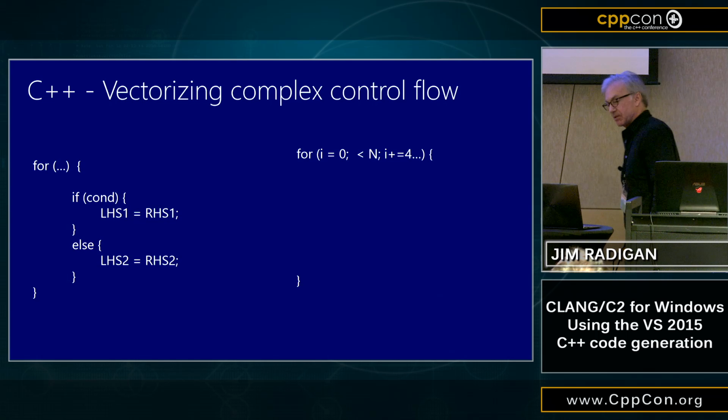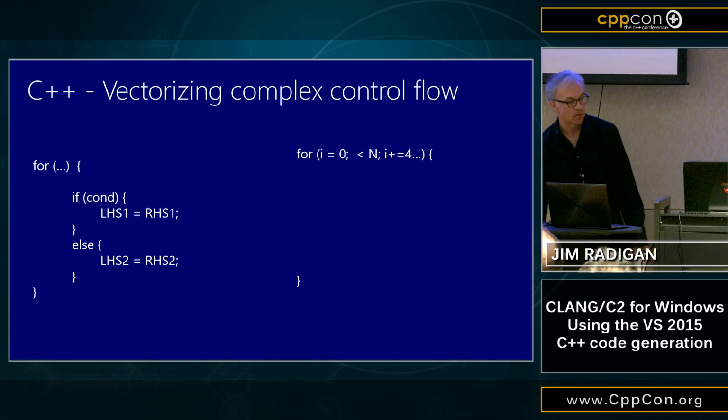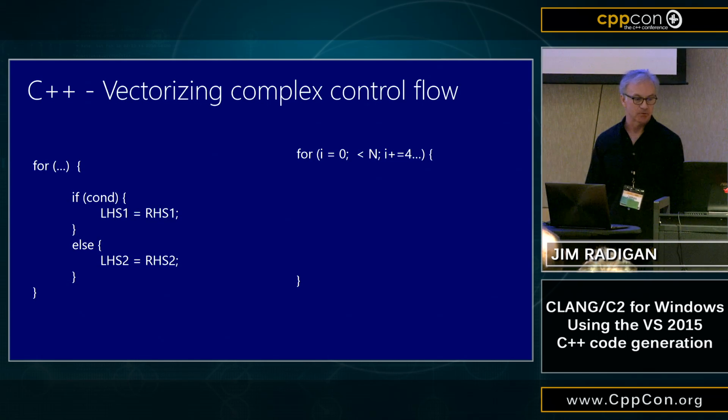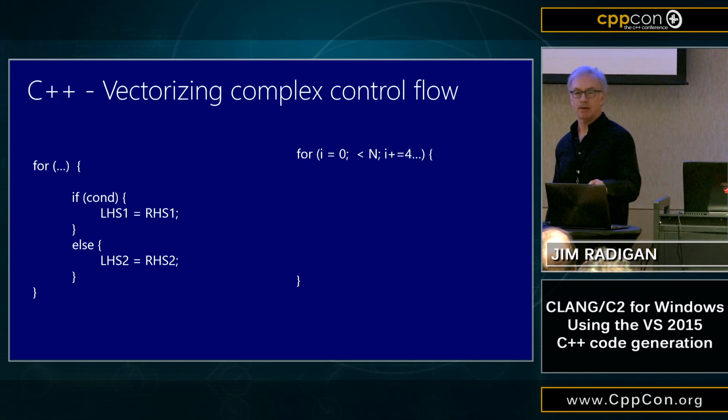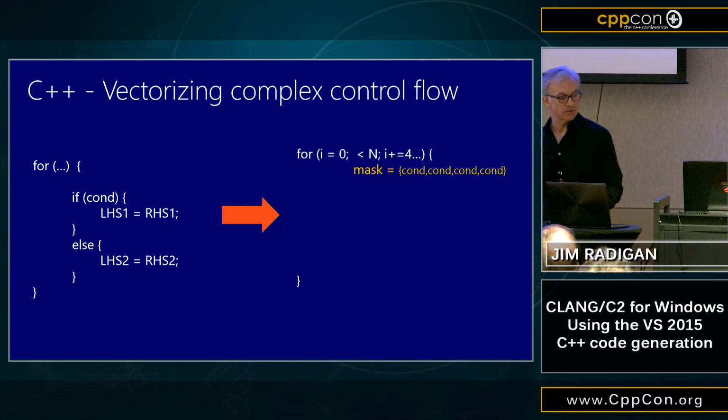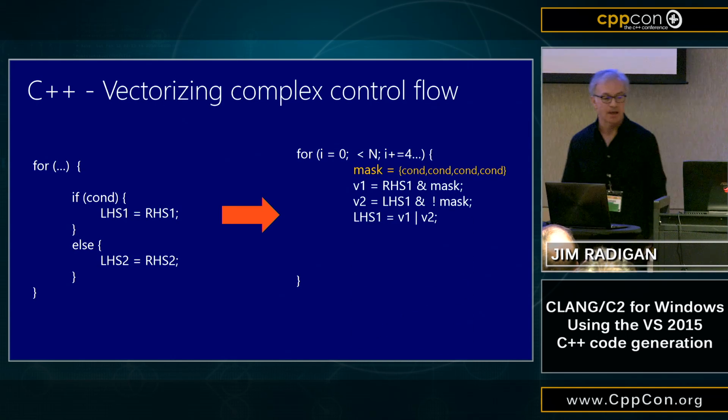So one of the other pieces of code generation that we did is we spent an enormous amount of time vectorizing complex control flow. On the left is a loop that's very typical in the C++ language, so we have to actually deal with control flow. The basic concept is to actually mask the operations and then run both sides of the loop.